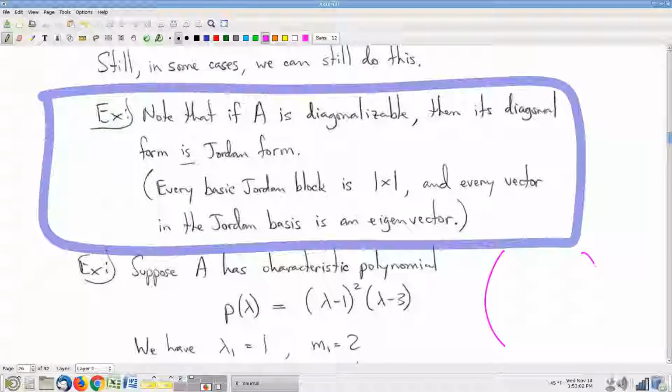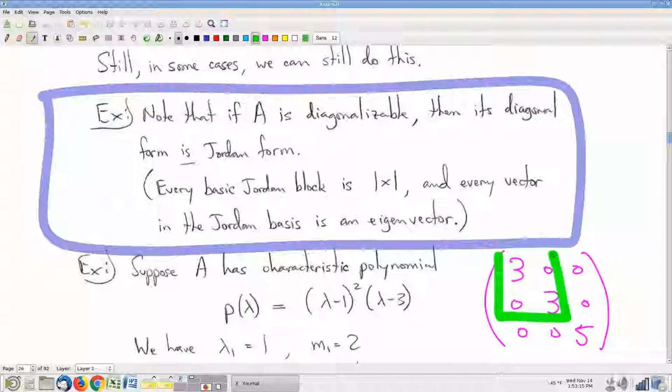If I have, let's say, 3, 3, 5 as my diagonal matrix, this diagonal matrix is in Jordan form. There's an eigenvalue block. Here's another eigenvalue block.